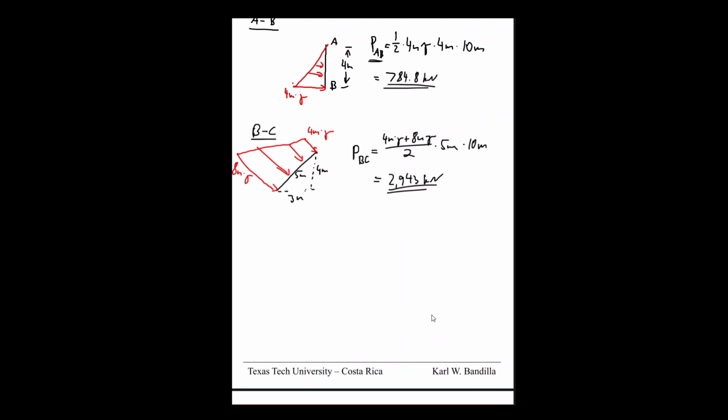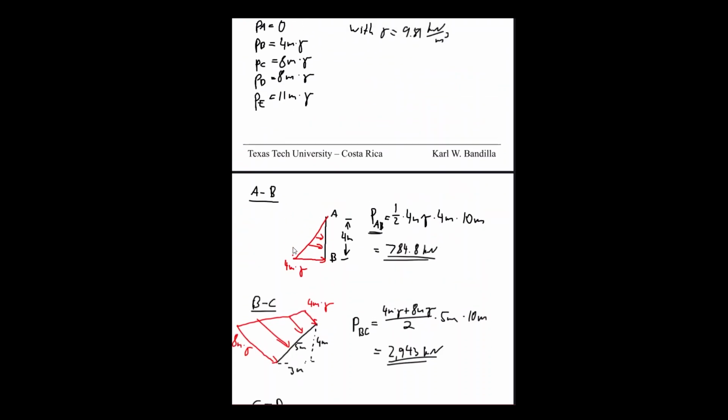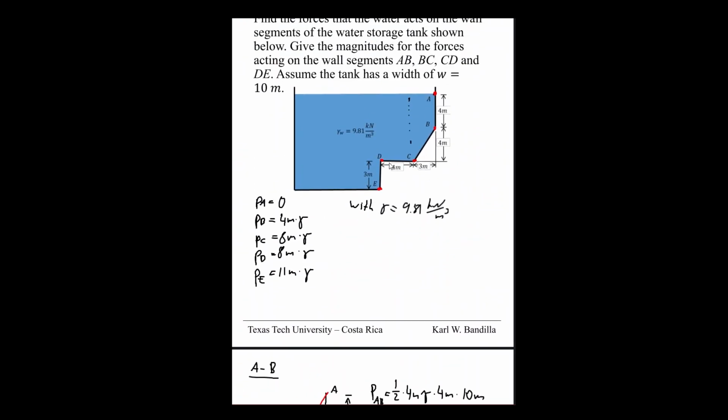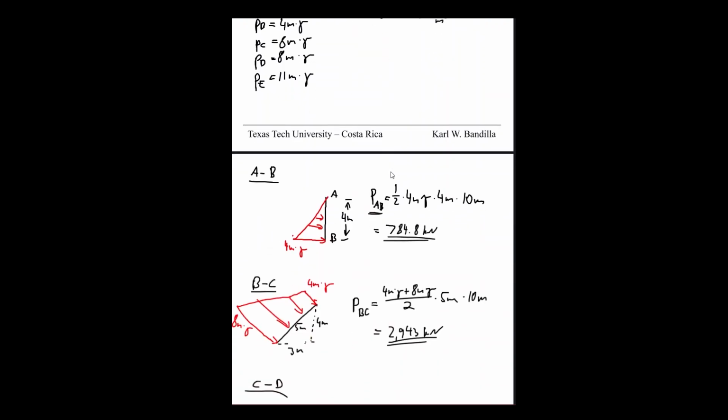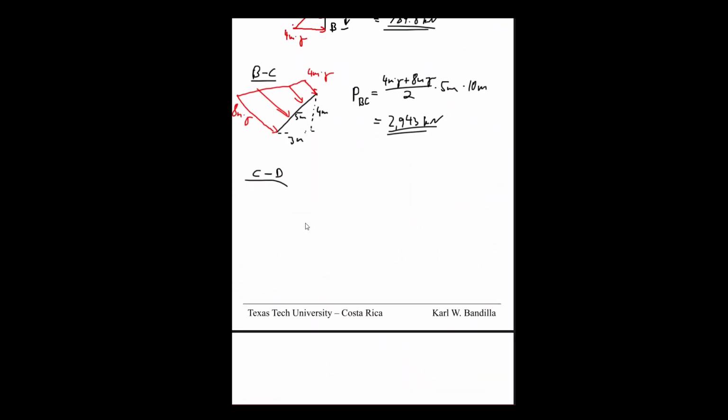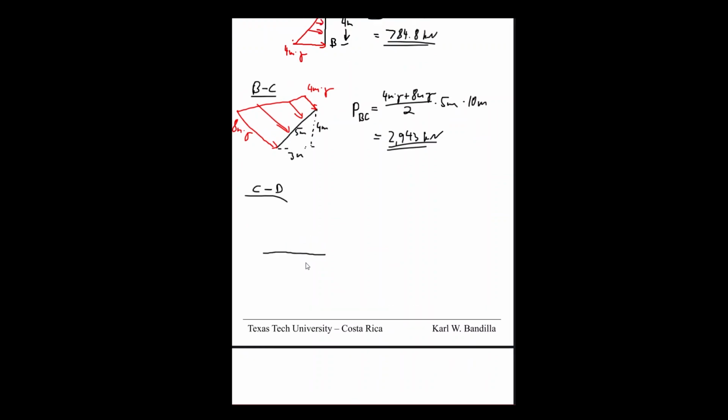Then our next one would be CD. Let's look at our sketch. CD is this flat one right here. Well, this one's super easy. Pressure doesn't change. How long is that one? That's 4 meters. And we have our pressure acting, both sides the same.